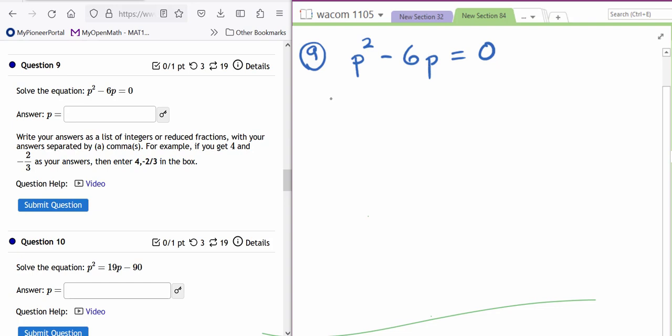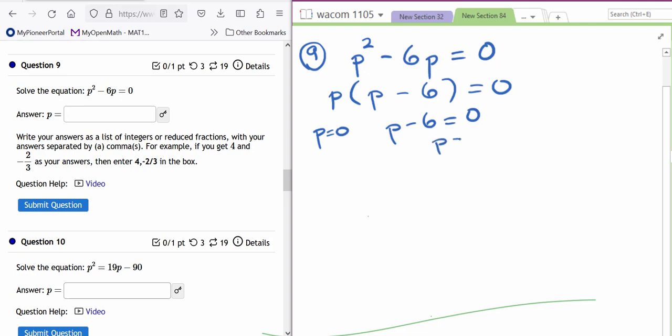You can take out a p here. So p minus 6. And then set each one equal to 0. So this one is 0, or this one is 0. This one is solved. Add your 6 for this one. So 0 and 6.